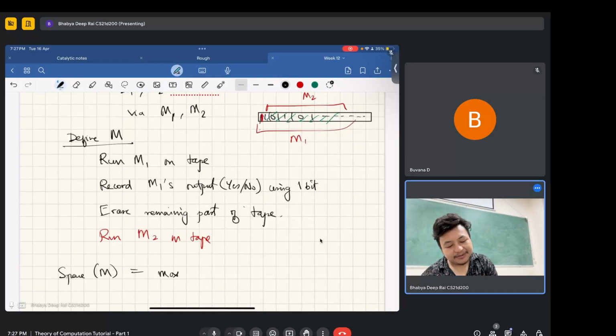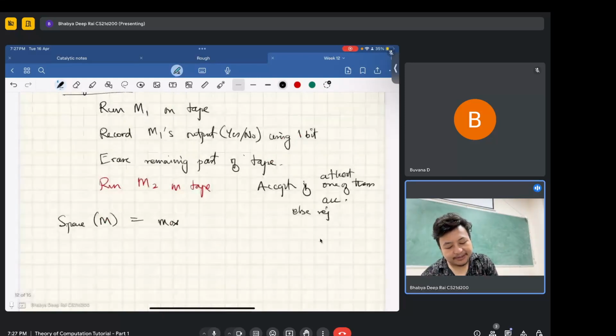And then accept if at least one of them accepted, else reject. So what is the space taken?